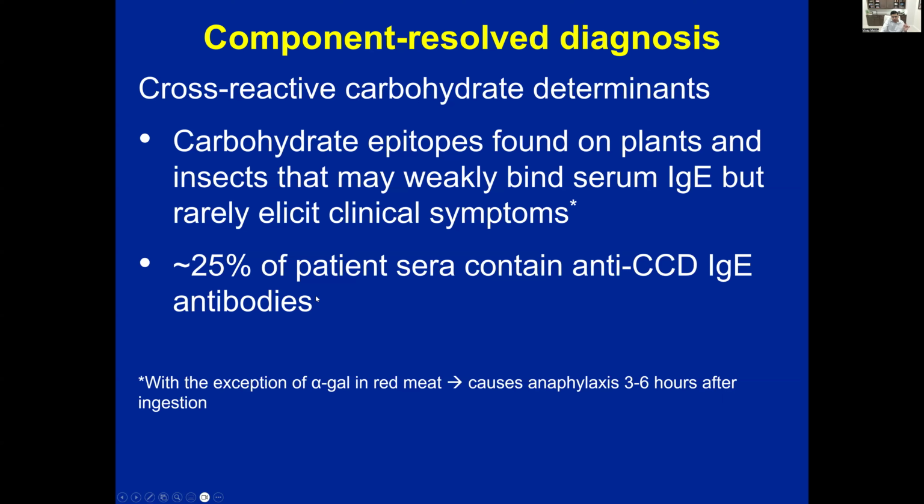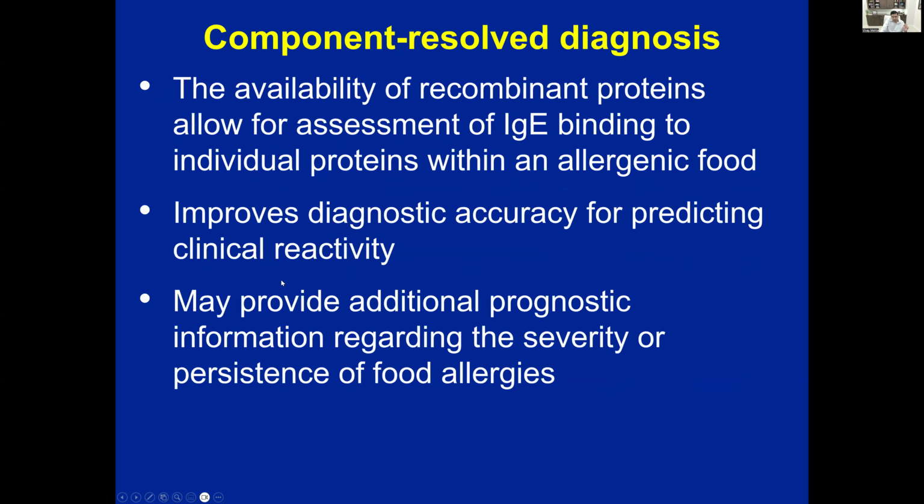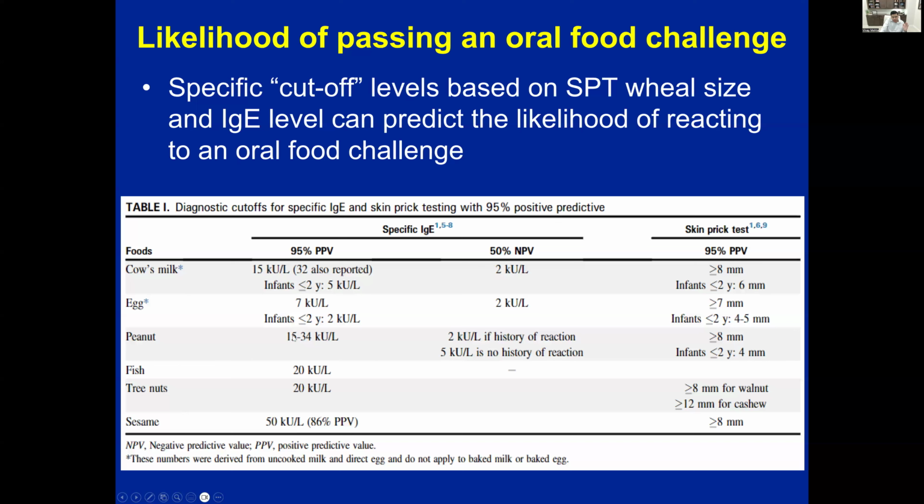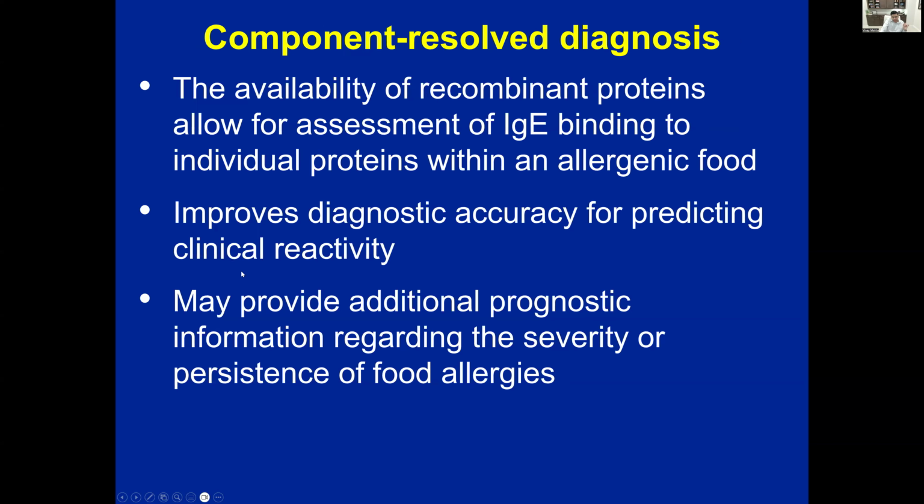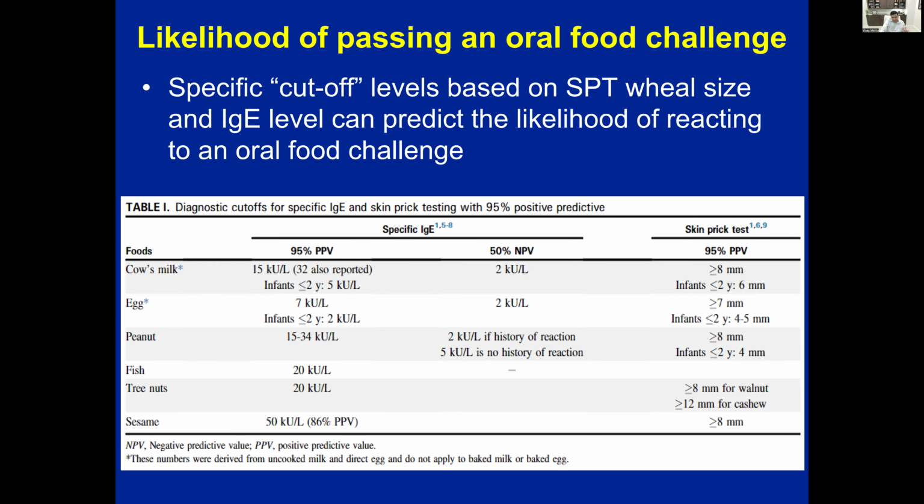About 25% of the population will have these IgE antibodies. So if you just do an in vitro blood test looking at the whole antigen, you may see mild sensitization to those antigens.